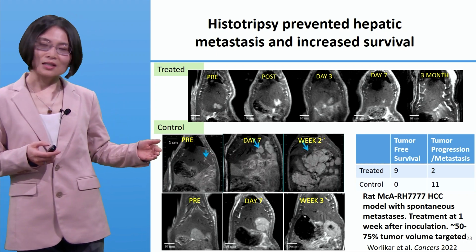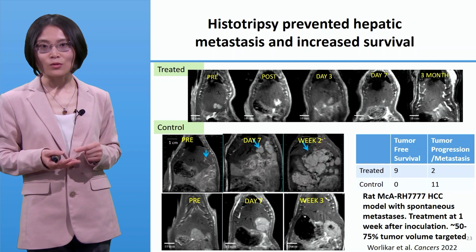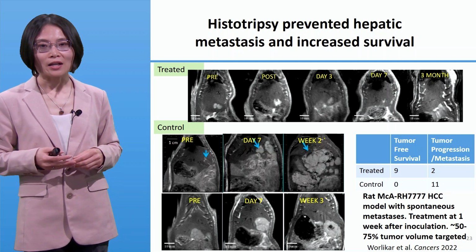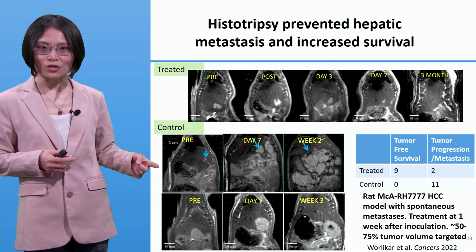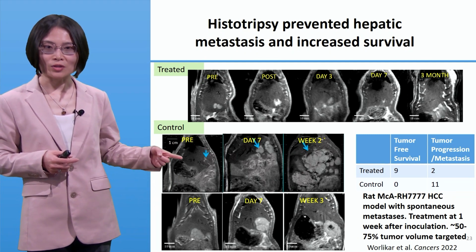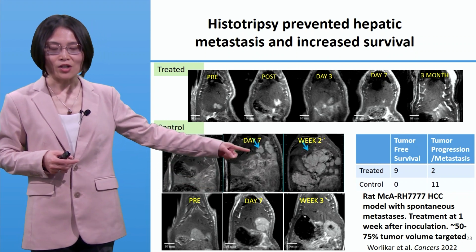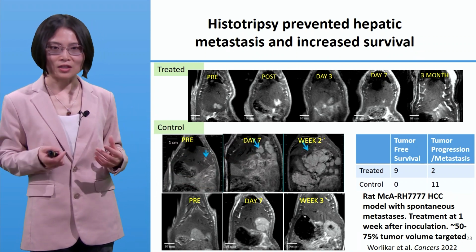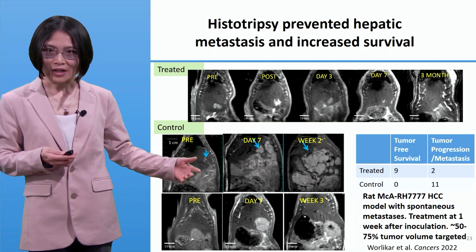This is another study, also in an orthotopic immunocompetent rat liver tumor model, but it's more aggressive. In the control group of 11 rats, the MRI image shows that within 2 to 3 weeks the tumor grew really large, there was metastasis all over the liver, and all these 11 rats had to be sacrificed.